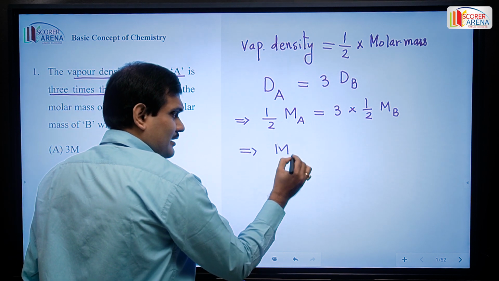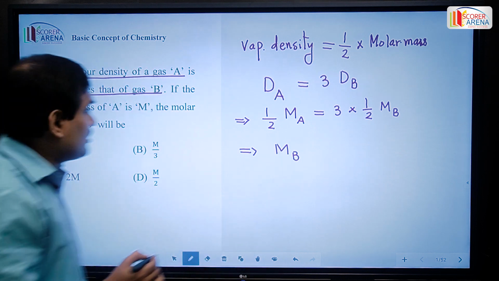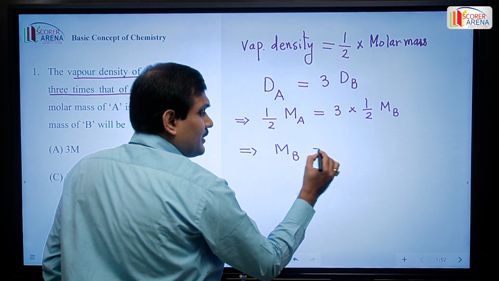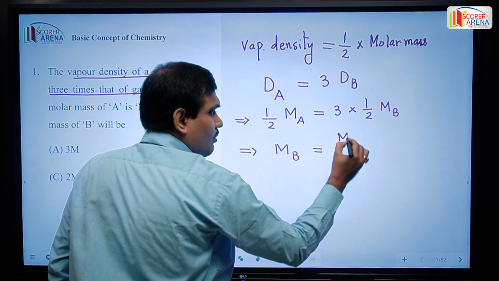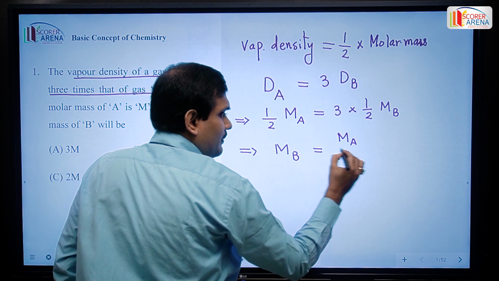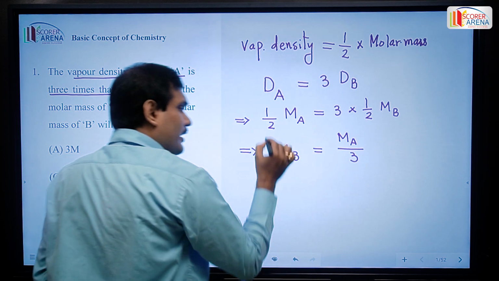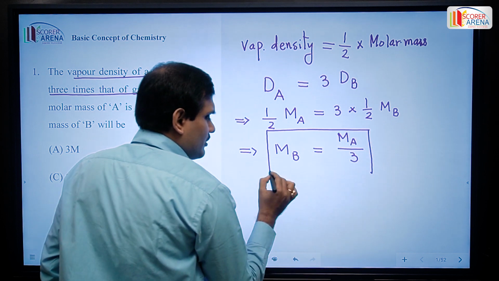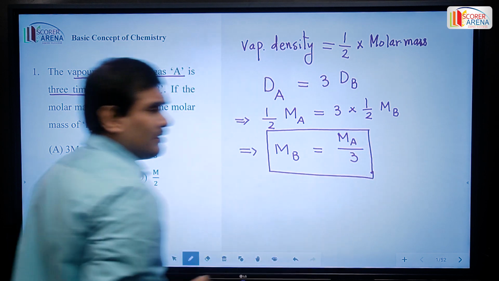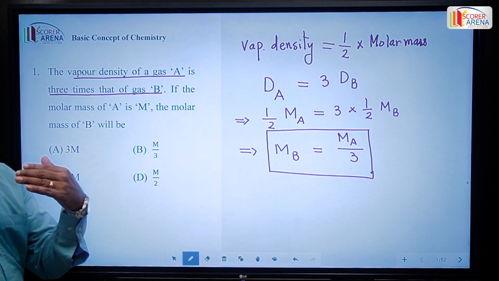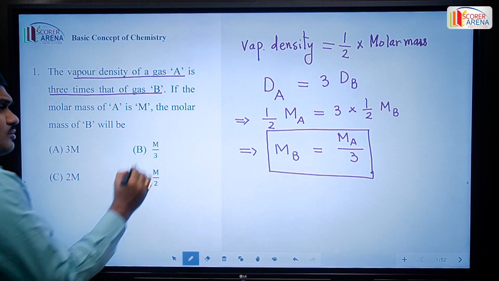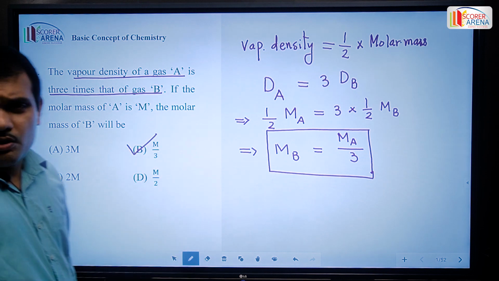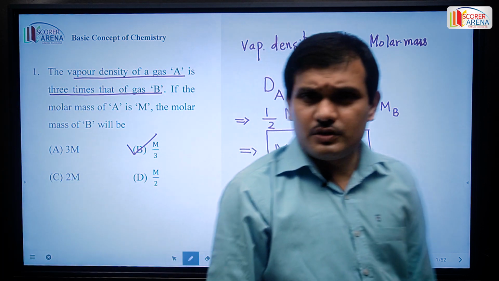As we are asked to find the molar mass of B, I am writing Mb equals molar mass of A divided by 3. So the molar mass of gas B equals molar mass of gas A divided by 3. You can understand the answer will be option B, that is M by 3.